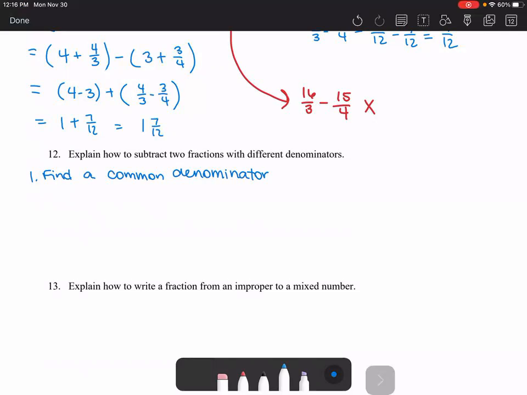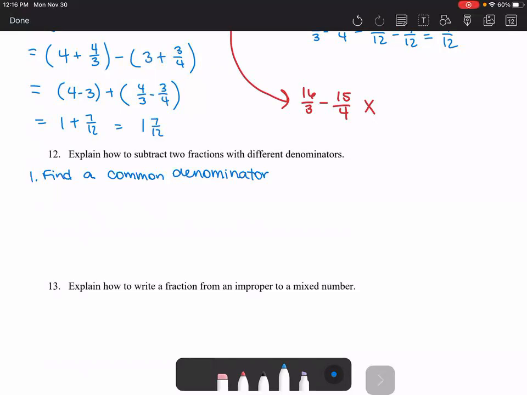It does not need to be the least common multiple of the denominators. That is not necessary. A decent amount of people put that on exam 2. They said that you have to use the LCM or the LCD, meaning least common denominator. That's not true.